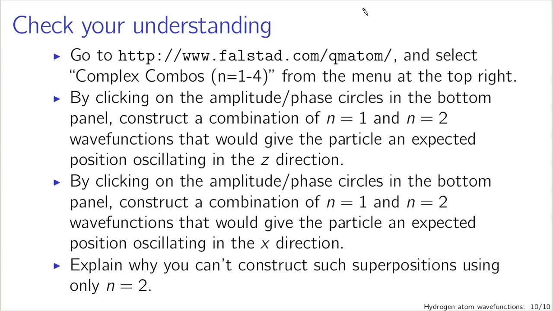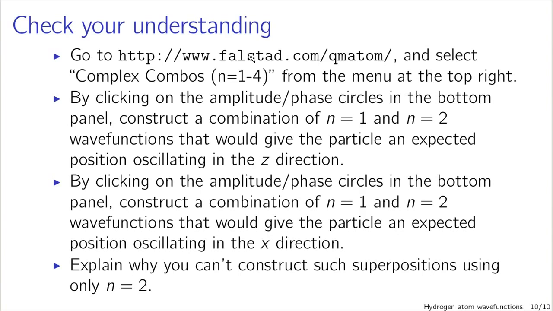Those are real hydrogen atom orbitals, as opposed to the physicist's approach, which is the complex approach. The specific sub-tool of this visualization that I'm suggesting you use to answer these questions is complex combinations of orbitals with n equals 1 through 4. But you can look at the real orbitals as well and make combinations of the real orbitals as well.